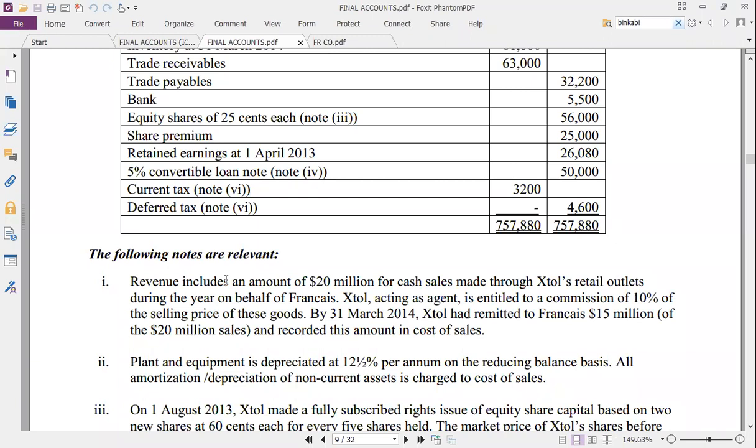Now, this is IFRS 15 revenue. Good. And this is agent sales. So we are selling on behalf of our principal or someone.